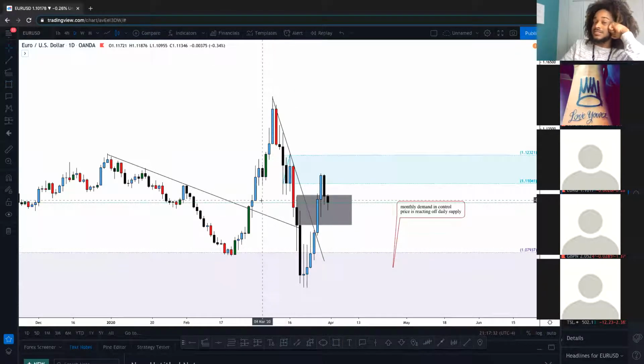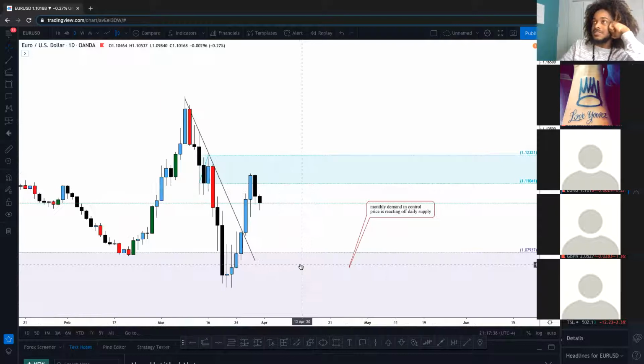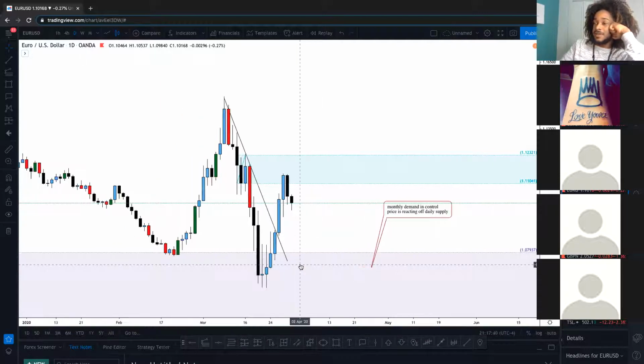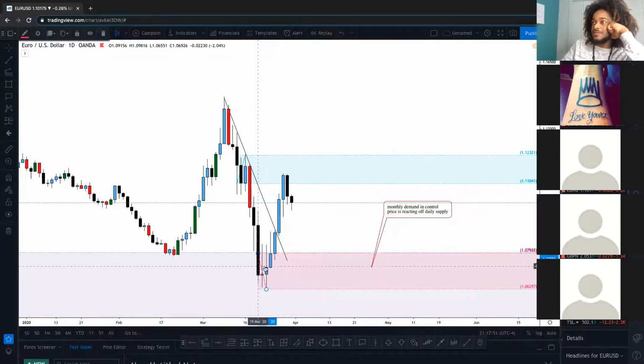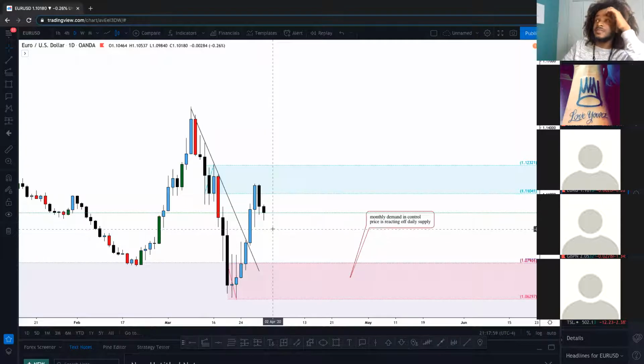Now, as I said, this will only make sense if you learned supply. So where is the next valid demand and where is the next valid supply, right? Because that's basically the bread and butter of the strategy. So here we have the drop-base-rally for daily demand, which is also nested in monthly demand, right?